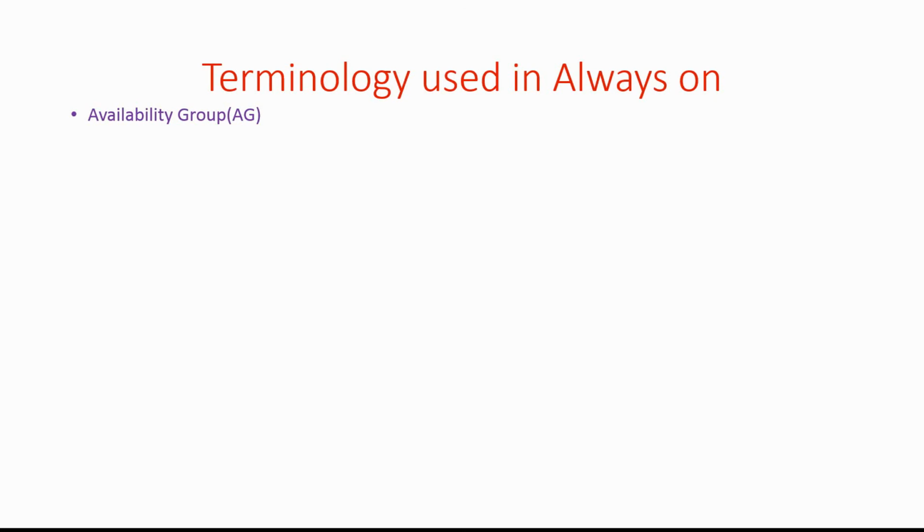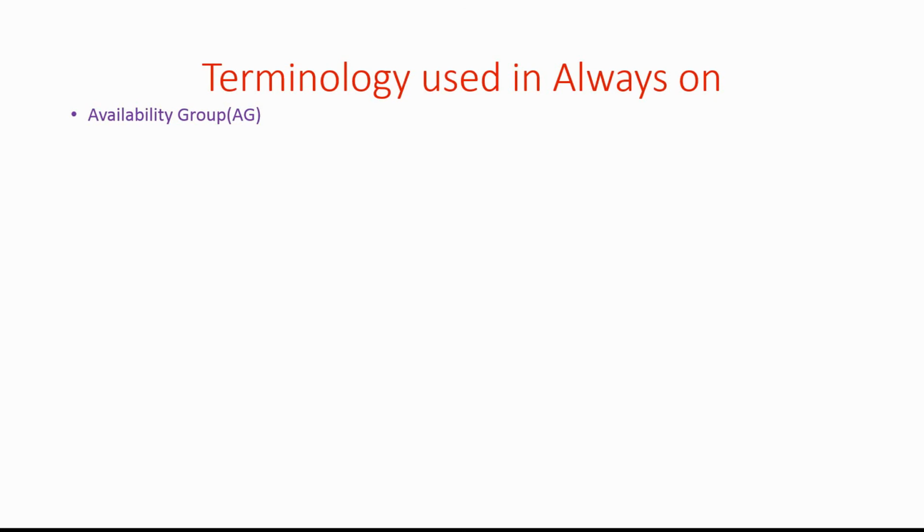But think about an application which you want to make highly available. Next, you have to think about what databases are being used by that application. You have to put all of those databases in an availability group, and then you name that availability group the same as the application name. That's how you will think of the availability of an application.